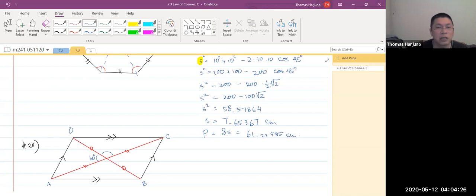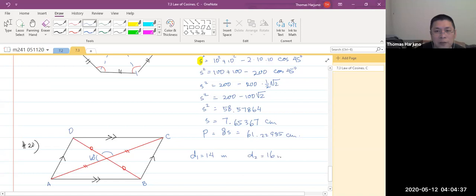Now you will see that you have the two diagonals, right? Diagonal 1 is 14 meters. The other diagonal, the larger one, is 16 meters. The 16 meters will always be the longer one.